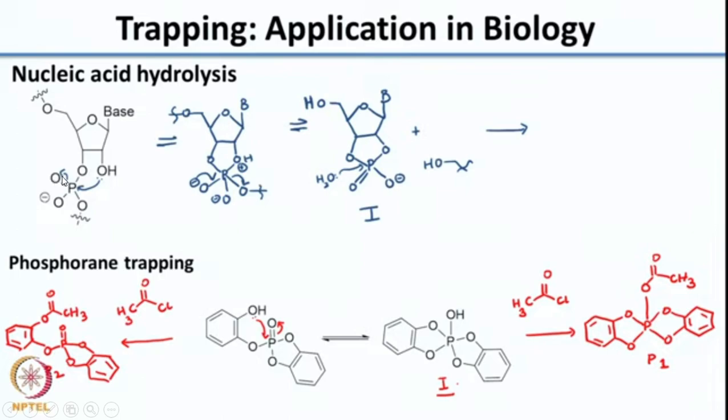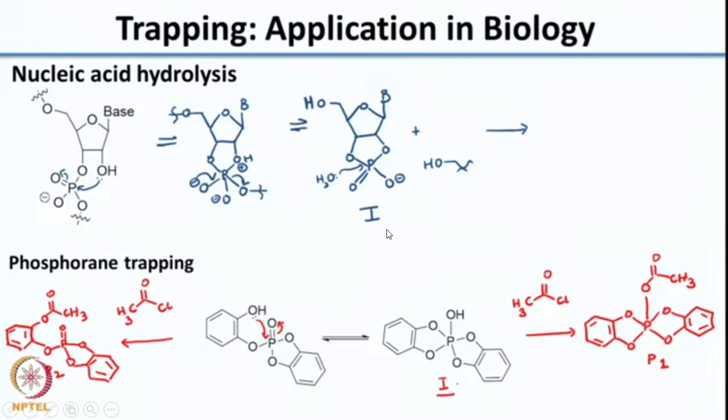Then this minus charge will again push electrons over here, and this whole group will get eliminated, right? And we will get some intermediate. So how can we prove this intermediate formation? Here we can use phosphorane trapping.